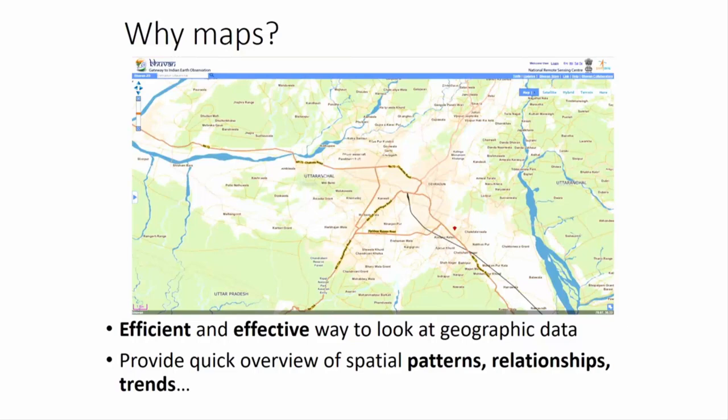If you have multiple time period maps of the same area, then we can see the evolution of the city and so on. So the map is an important component to look into patterns, relationships, trends, as well as efficient representation of the data sets.